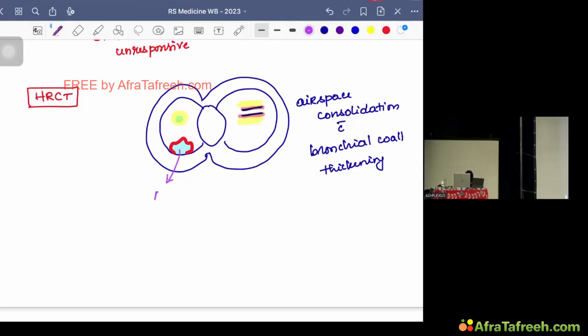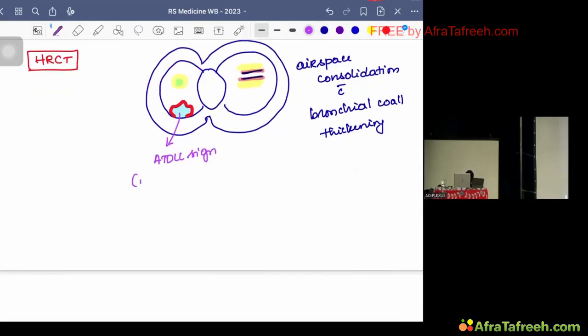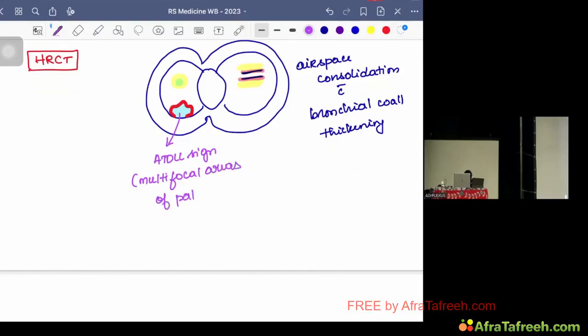This is called the Atoll sign, where you get multifocal areas of patchy consolidation.